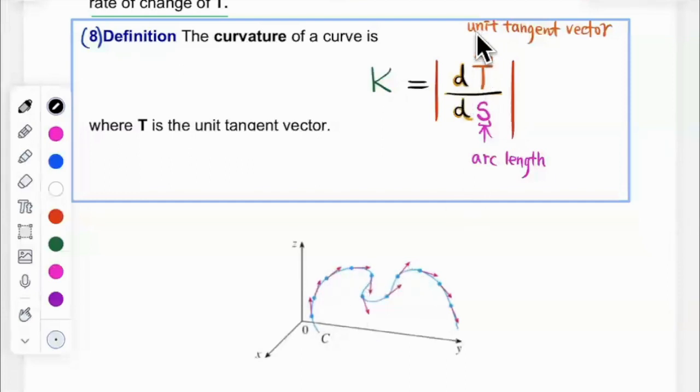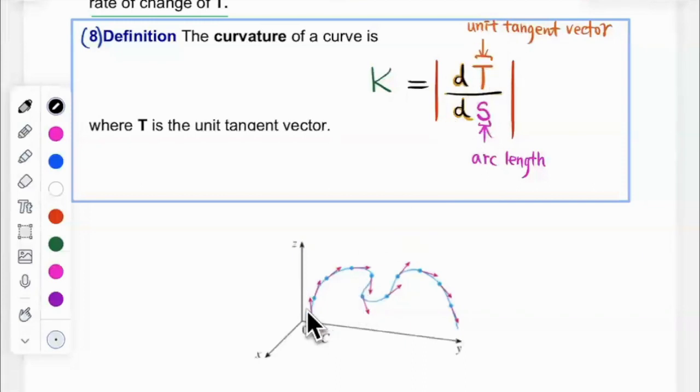Unit tangent vector has magnitude 1. Now dT/ds. So we want to see the rate of change of this unit tangent vector with respect to the arc length. Then only the direction change of the unit tangent vector is going to contribute to this rate of change.